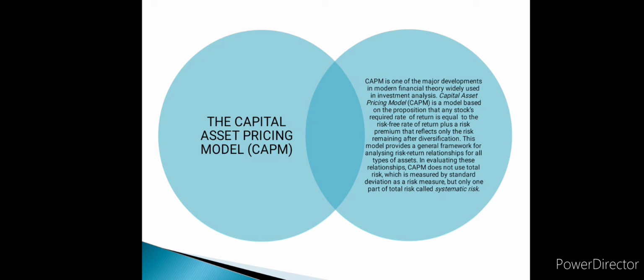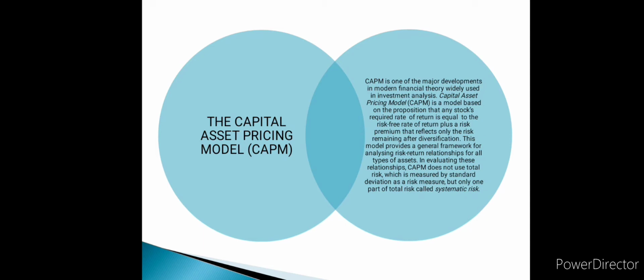First, what is the capital asset pricing model? Capital asset pricing model is one of the major developments in modern financial theory, widely used in investment analysis. The capital asset pricing model is widely used throughout finance for pricing risky securities and generating expected returns for assets, given the risk of those assets and cost of capital.